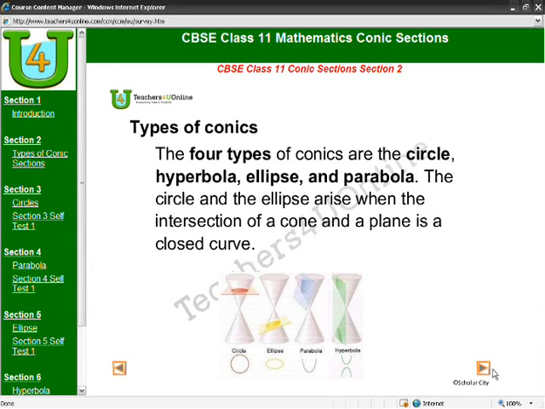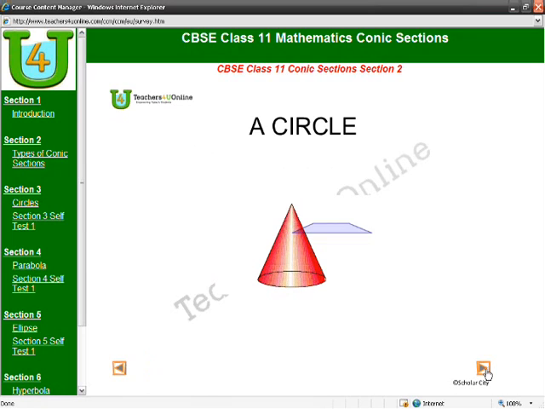Now, let us see how do we obtain the various types of conic sections. We said we obtain a conic section when a plane intersects a right circular cone at a particular angle. Now, if you look at this, what do we have here? We have a right circular cone which is being intersected by a plane at right angles. The angle which it makes with the cone is a 90-degree angle.